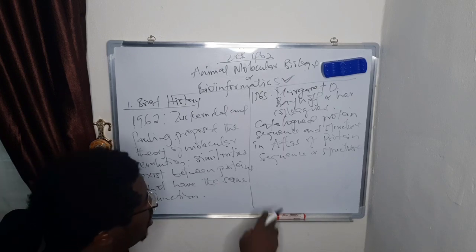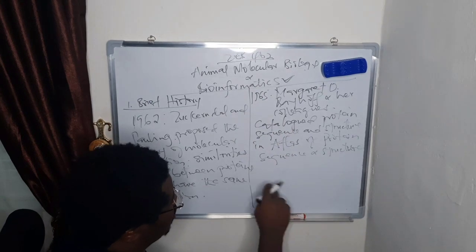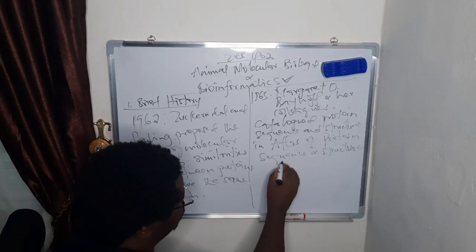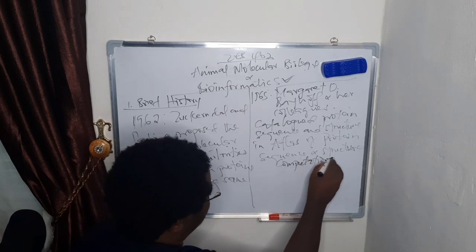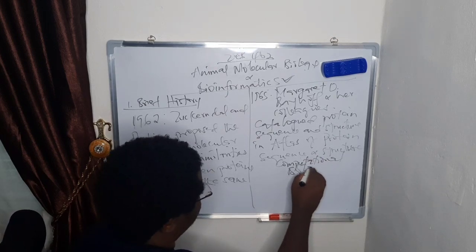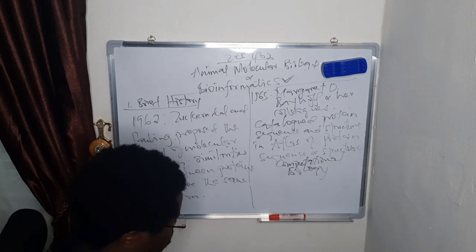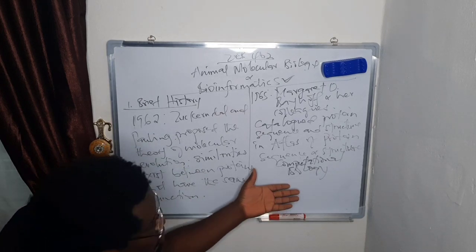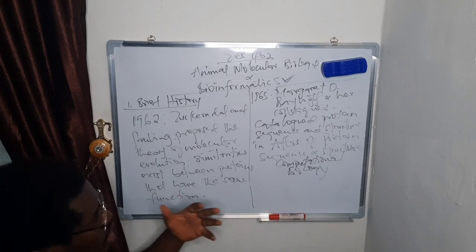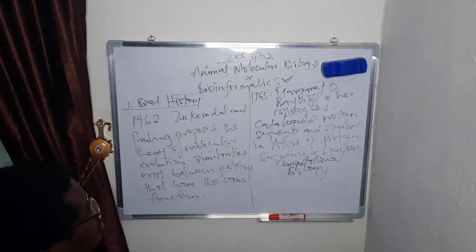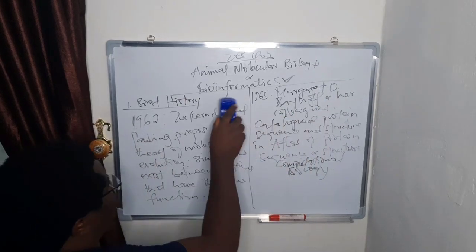Having this gave rise to what we have as computational biology. It was the advent of when we started having computers where these sequences are now housed in a database and all of that.